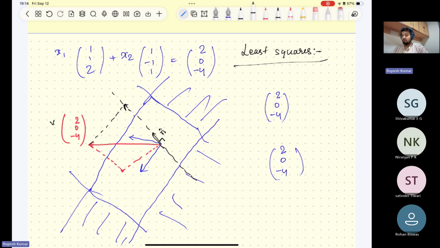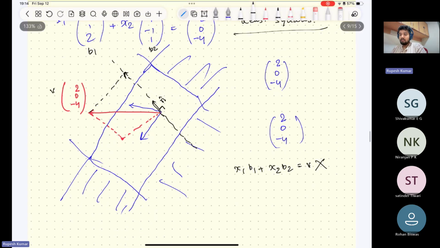That's why you cannot take these two column vectors. Let's call this basis 1, B1, and this basis 2, B2. So that's why you cannot say x1 B1 plus x2 B2 is equal to vector V, which is 2, 0, minus 4. You cannot get this because the vector V has some component that is not in the span of these two vectors.